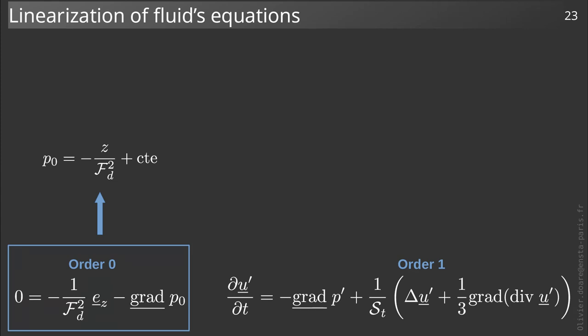This result will be useful when we need to express the stationary part of the stress tensor in the fluid. Since the zero-order velocity is 0 in the case of a fluid at rest, we will simply have sigma naught equals minus p naught times the unit tensor.